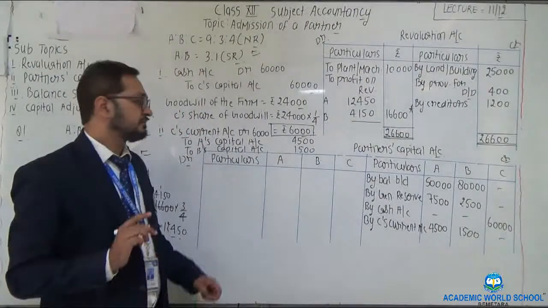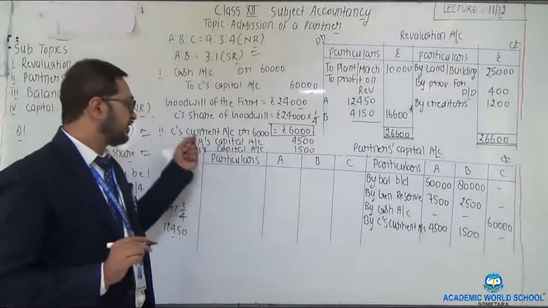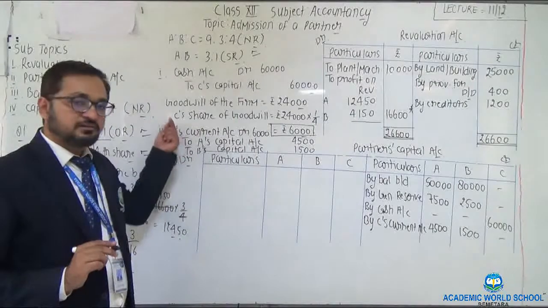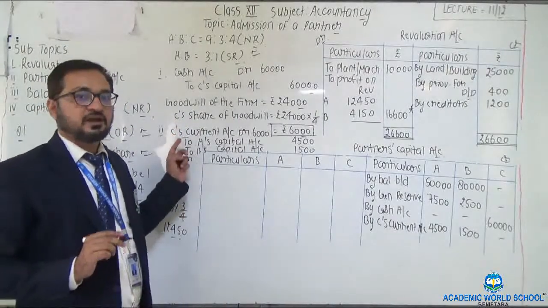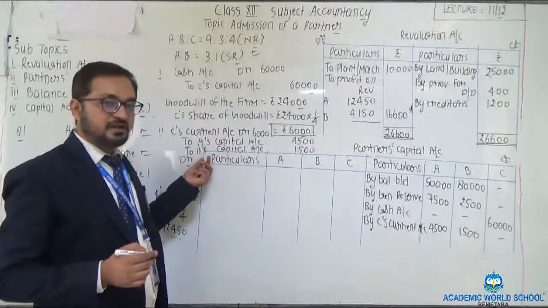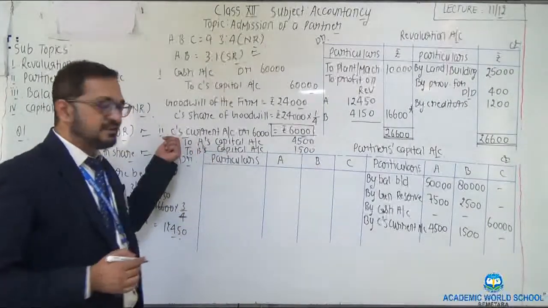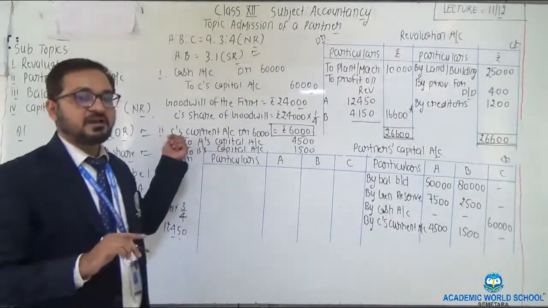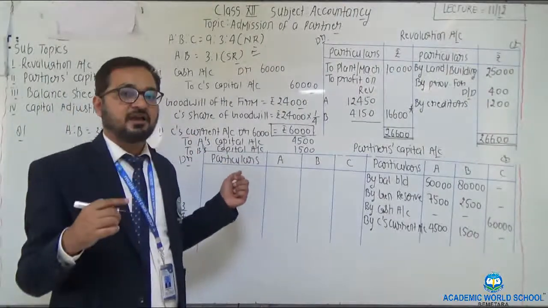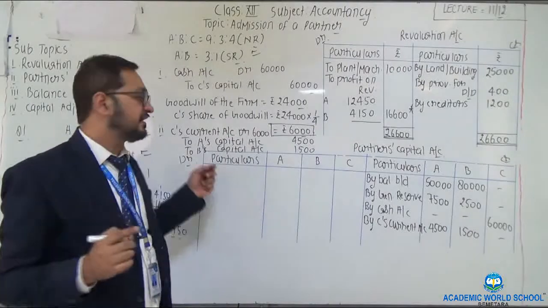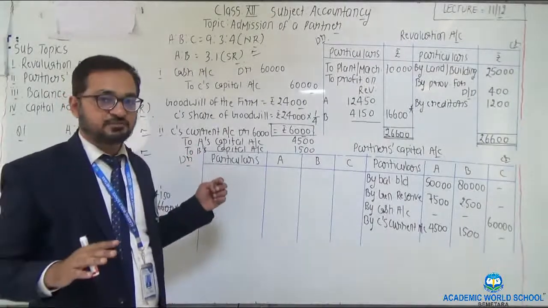Now students, listen very carefully: here you cannot consider this entry as a contra entry. As you know, A and B are placed on the credit side while C is placed on the debit side. Remember in the cash book, when there was an entry regarding bank to cash or cash to bank, we needed to post contra entries on both sides of the cash book.